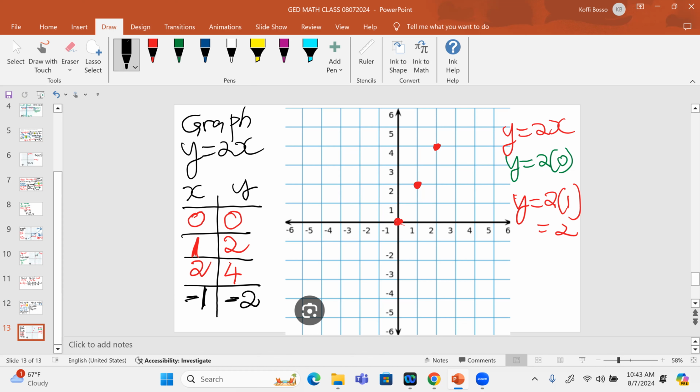And in which quadrant will I plot (negative 1, negative 2)? In which quadrant? The two values are negative. It has to be quadrant 3. What do you mean by 1, 2, 3, 4?